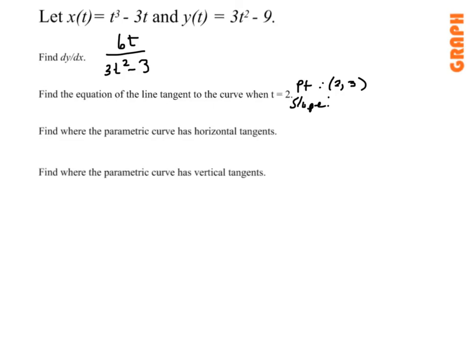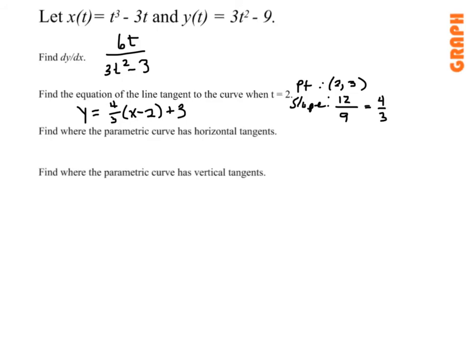Let me just make a note of that so I don't forget what the numerator is. And then the bottom, 3 times 4 minus 3 is 9. Or 4/3. So my tangent line would be y equals 4/3 x minus 2 plus 3.